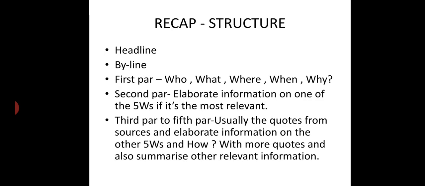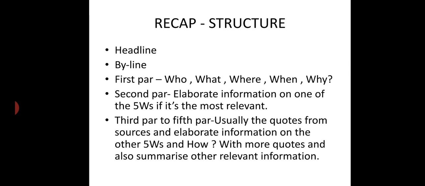Now, recap structure. We'll start with the headline, byline, first paragraph. Now we have three paragraphs here: first paragraph, second paragraph and third paragraph. It means that these three paragraphs are the introduction of the article. First paragraph: who, what, where, when and why.